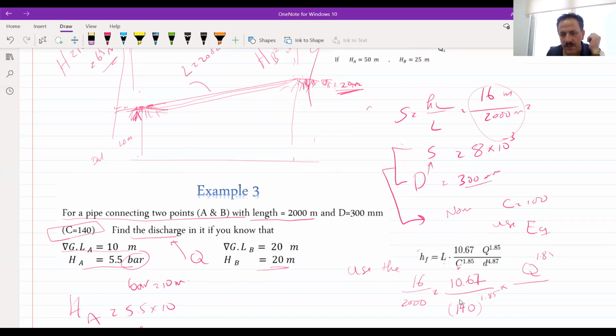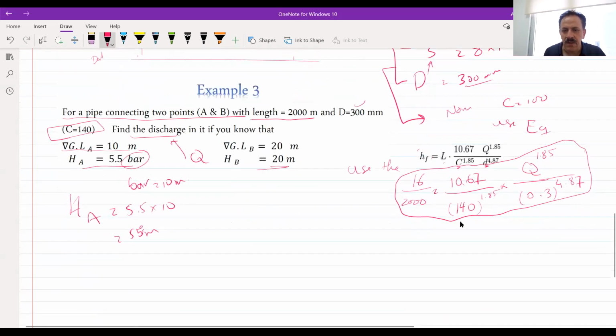The value of D is equal to 0.3. Remember that all the dimensions should be in meters, so this will be 0.3 power 4.87. Now this is the equation: you have one equation with one unknown, so you can find the Q.